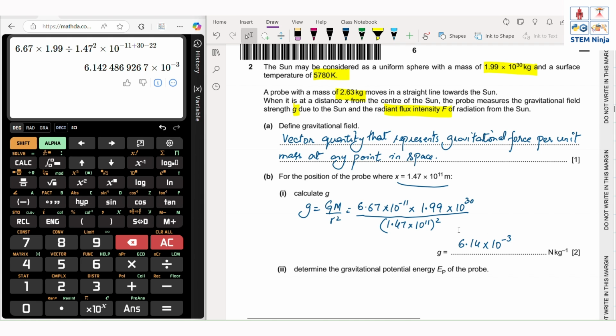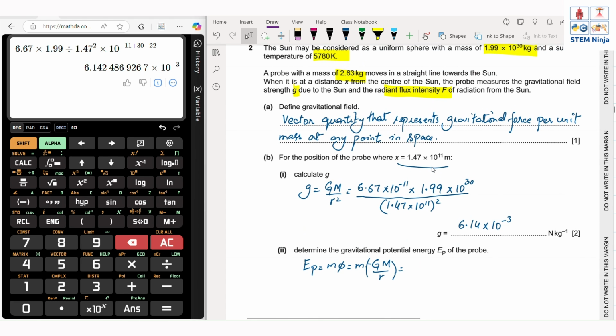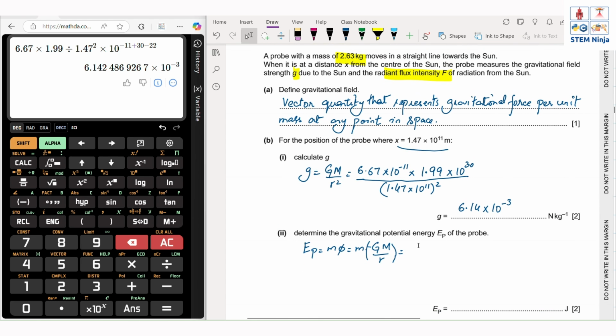Determine the gravitational potential energy of the probe. So that is simply m phi, which is m times minus GM over r. The small m is the mass of the probe, given as 2.63 kilograms.